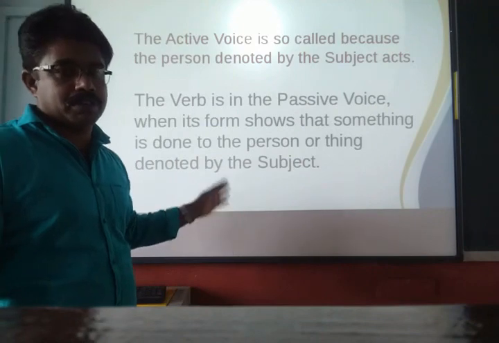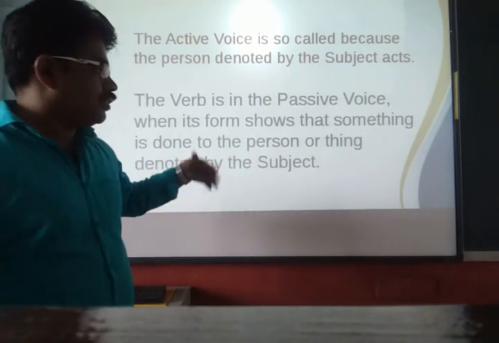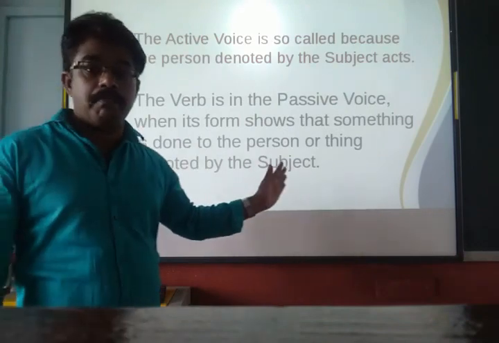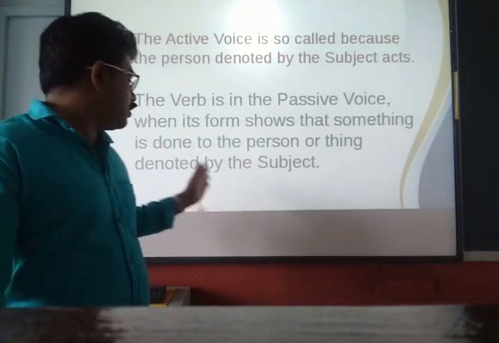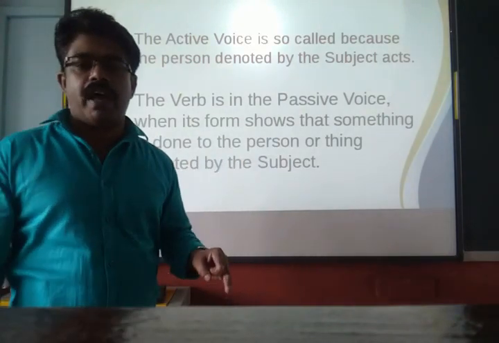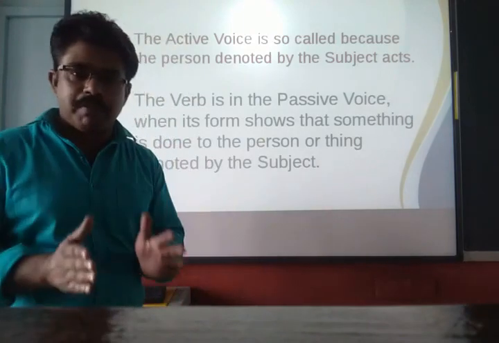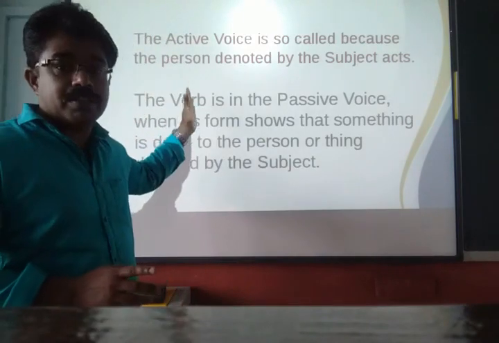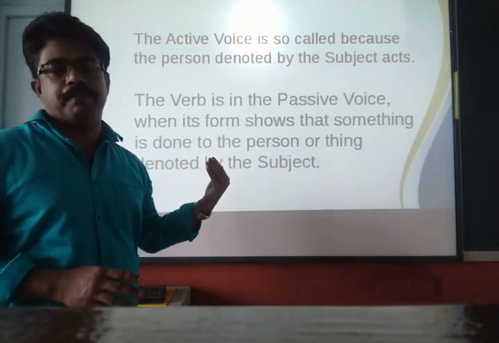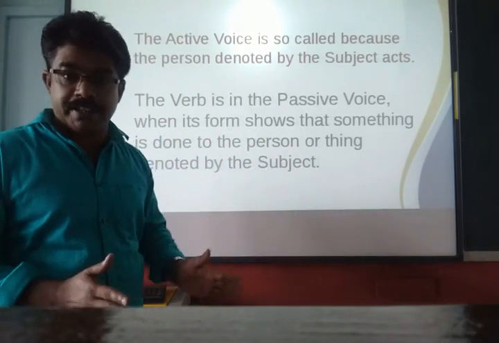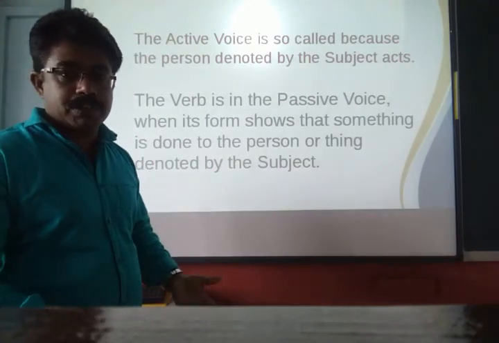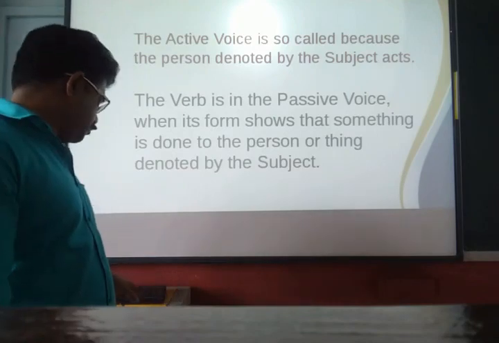So that is what we said about active and passive voice. The main thing to remember is whether the subject does something or receives something. If it does something, it is active voice. If it receives something from the object, it is passive voice.